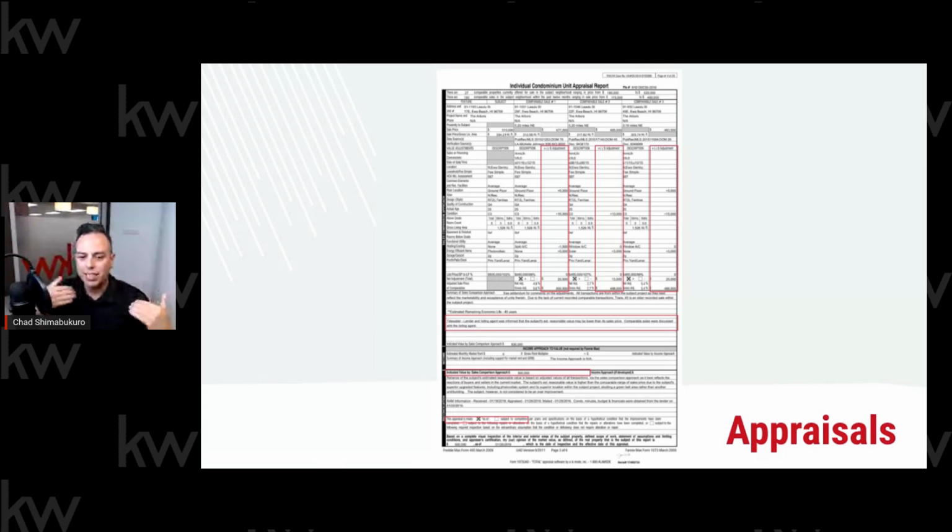So as an agent, a lot of agents sometimes defer and go, oh, the lender screwed this up, or the loan officer screwed this up, or the appraiser screwed this up. A lot of these problems you can see a mile away if you just think and focus on what the situation is.